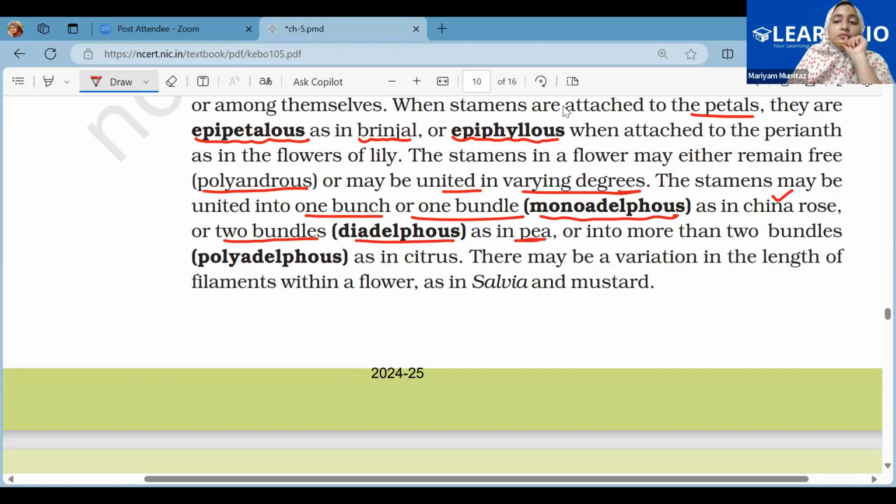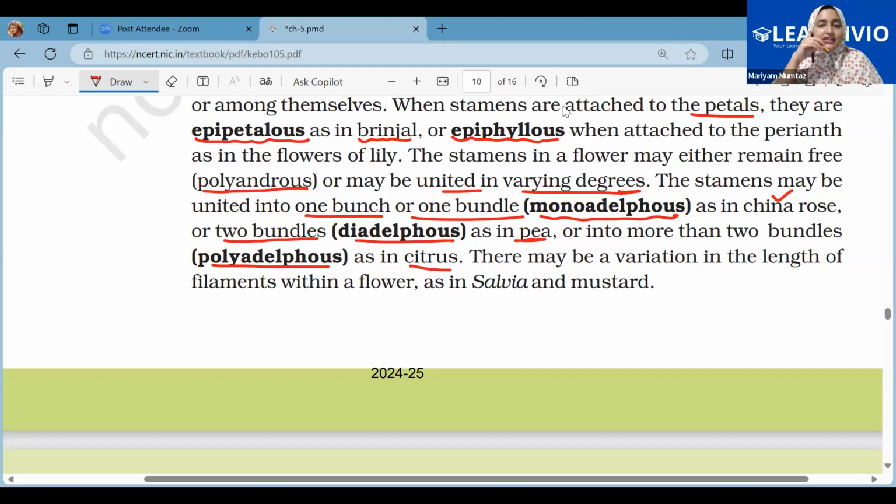And when they are in more than two bundles, like multiple bundles of stamens in the flower, we call it polyadelphous. More than two means it can be 3, 4, 5, and so on. This is found in citrus. So monoadelphous, diadelphous, and polyadelphous are the three different kinds of united stamens. Just like we had united petals called gamopetalous, here we don't say gamoandrous or anything of that sort.